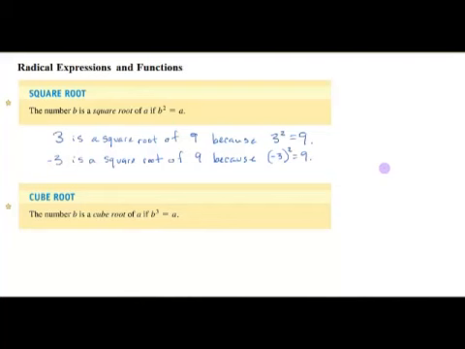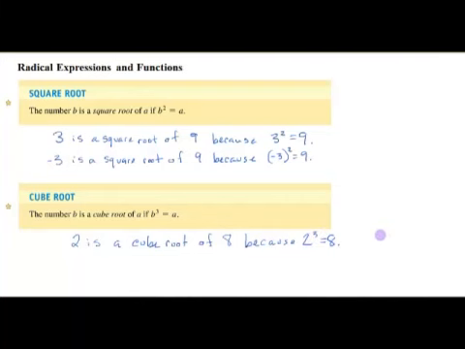Cube root. The number b is a cube root of a if b cubed equals a. For example, 2 is a cube root of 8 because 2 cubed equals 8.